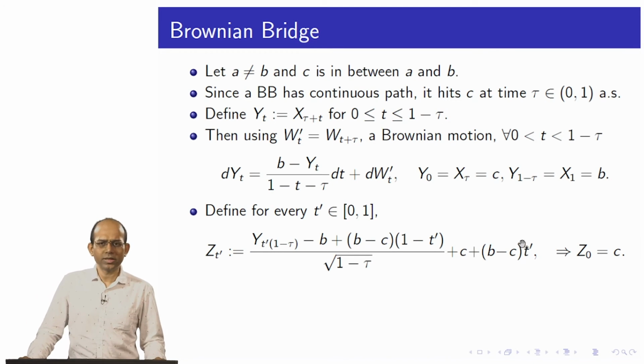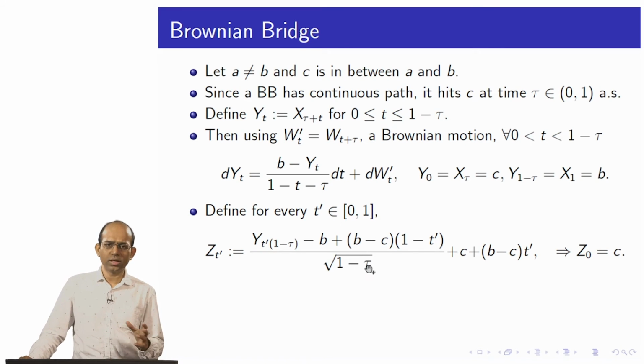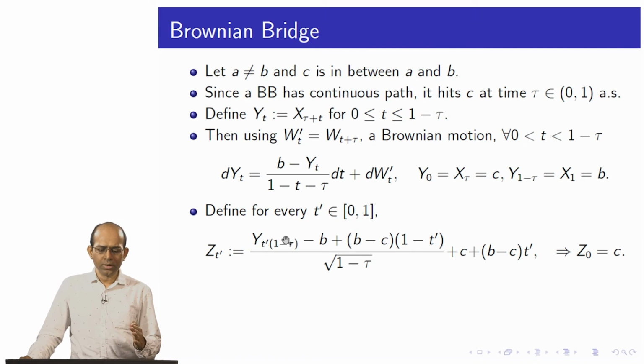It looks a little complicated, but it is not that complicated actually. This is the natural thing to do, because I would like to match it at time 1 to b. So, I have subtracted here and then later I have added also, okay, because when t prime is equal to 1 you will get b from that.